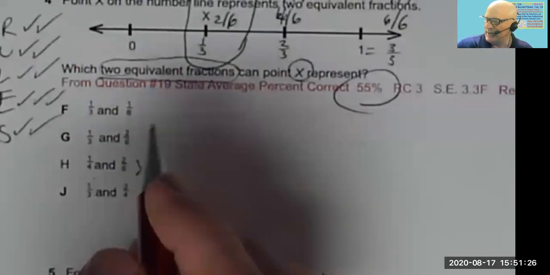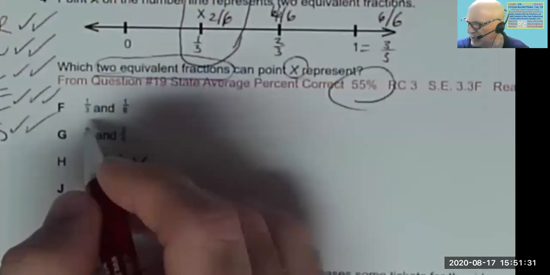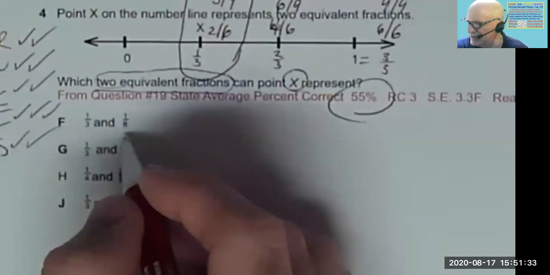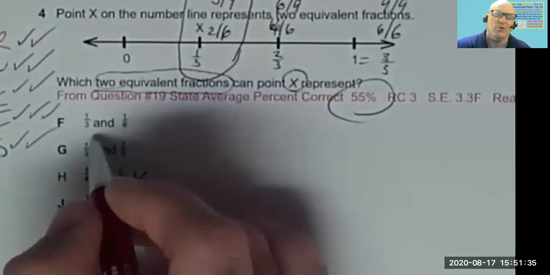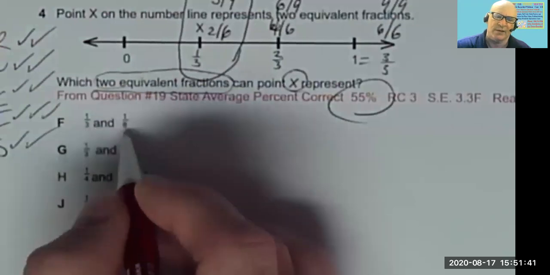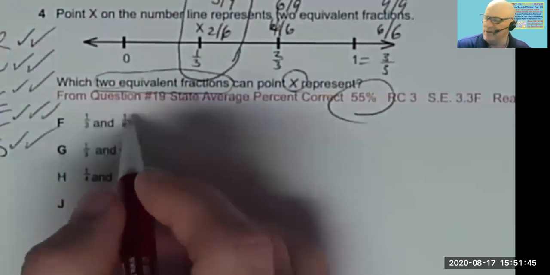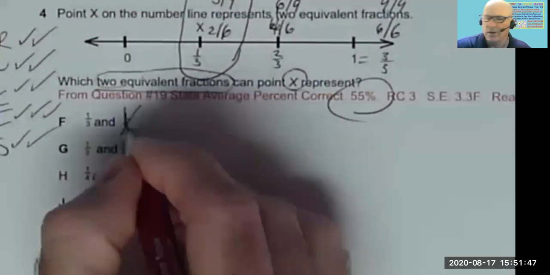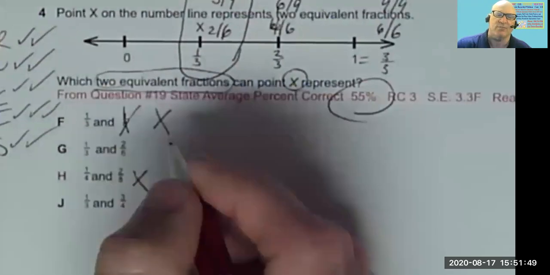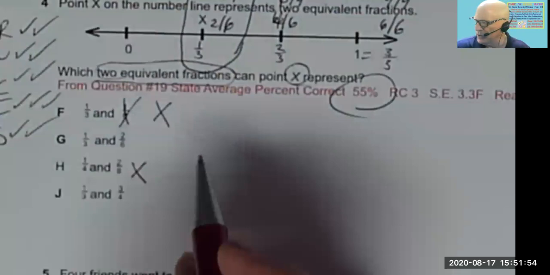I'm going to eliminate that one right away. I do see a 1/3, so let's compare the other number. That's a 1/6. Well, what you do to the denominator, times 2 to get 6, you also have to do to the numerator, times 2. Since they didn't do that, we're going to eliminate that fraction because that part makes letter F untrue.